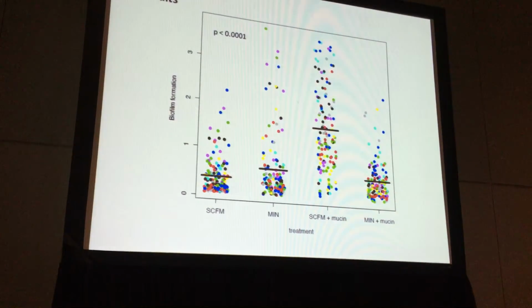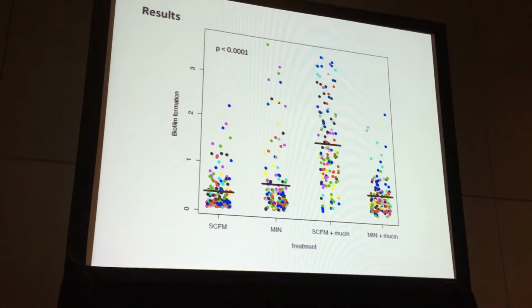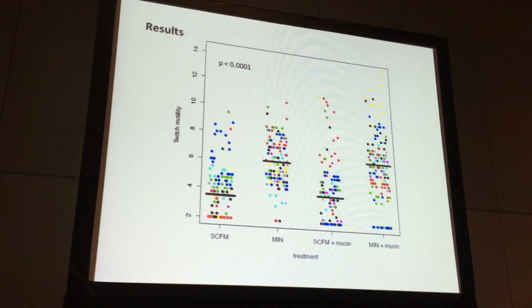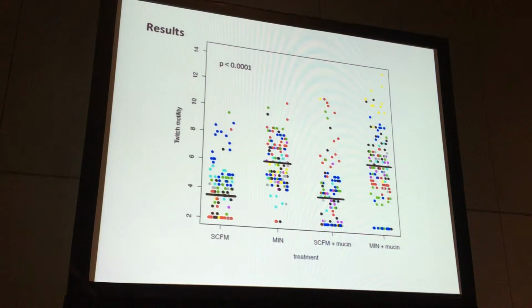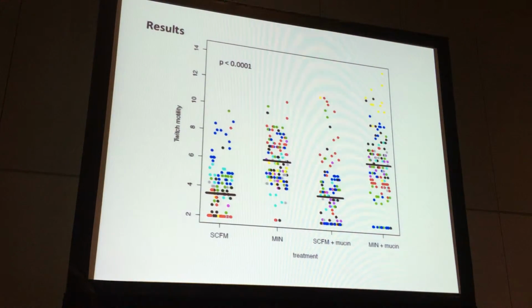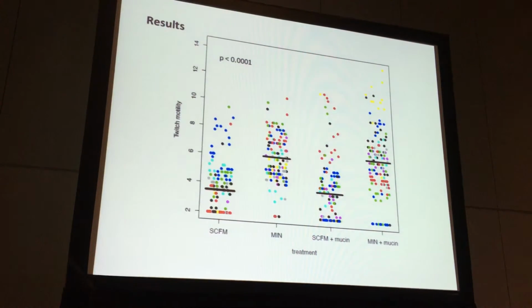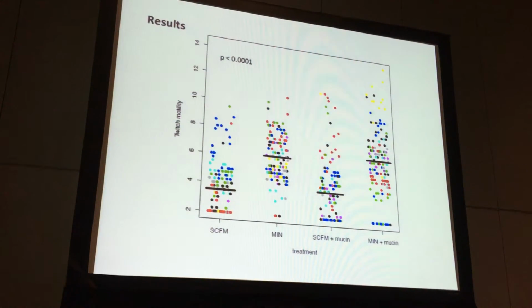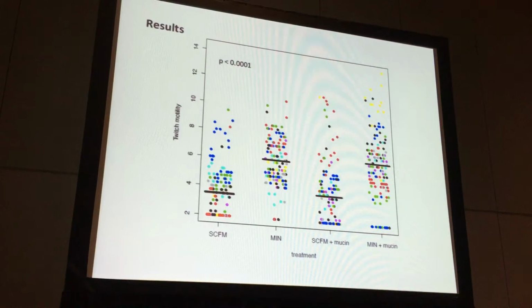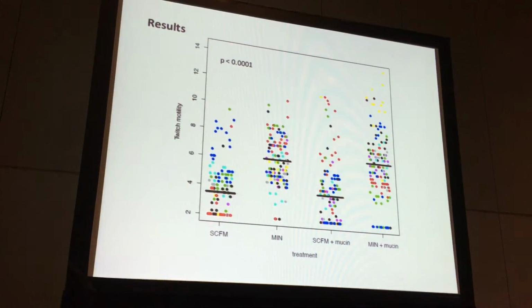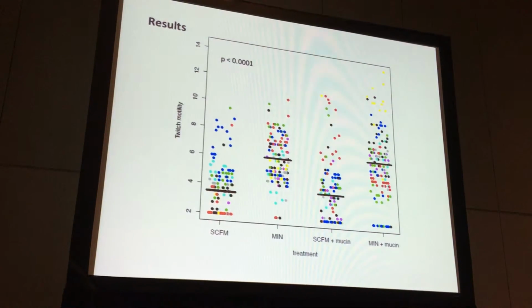This result conformed to expectation, which is always nice, but twitch motility didn't. Here I would expect the 2 treatments with the mucin to have the lowest motility because of the spatial structure. We would expect loss of motility to be more common there, but I didn't see that. Instead, I saw the 2 SCFM treatments with the lower motility.